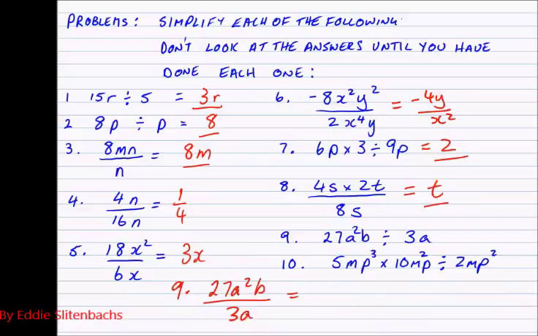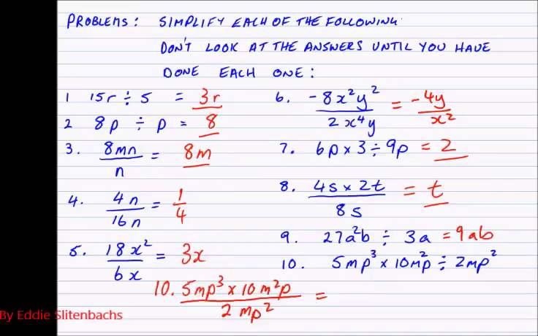Number 9, I wrote it as a fraction again. 3 goes into 27, 9 times. You're going to have 9 up the top, and a is going to cancel with 1a, it's going to be a, and b is untouched, so it's 9ab is your final answer for number 9.